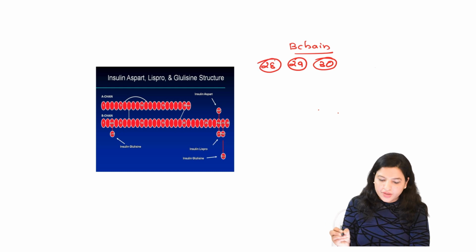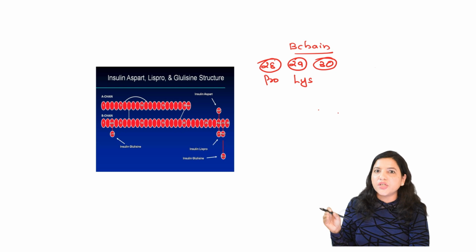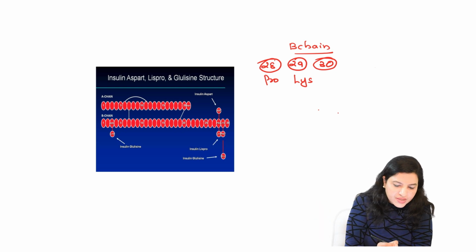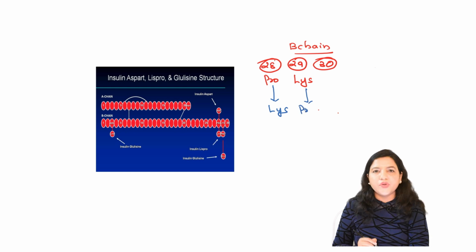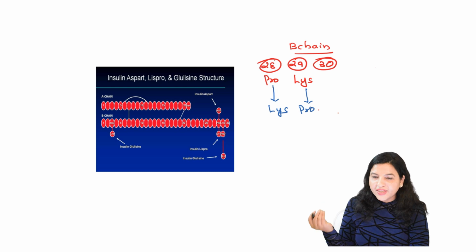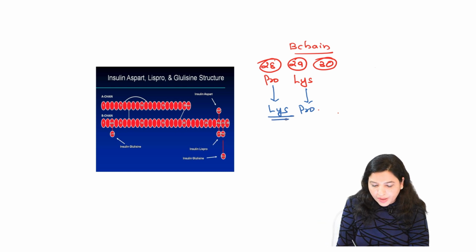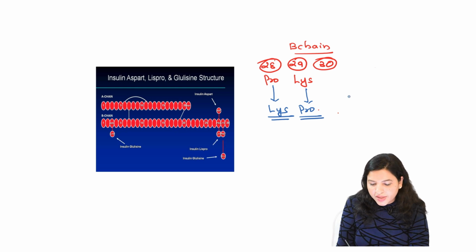The 28th amino acid is normally proline and the 29th amino acid is lysine. This is the normal B chain of insulin. Whereas in this case, proline is replaced by lysine and lysine is replaced by proline. So this is called Lispro insulin. Why that name? Because of these 2 amino acids that are substituted.